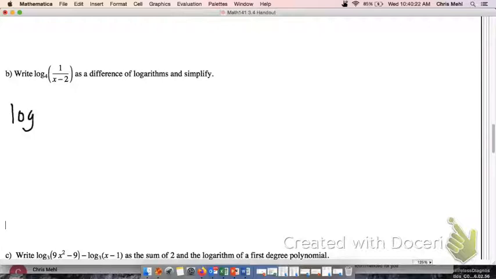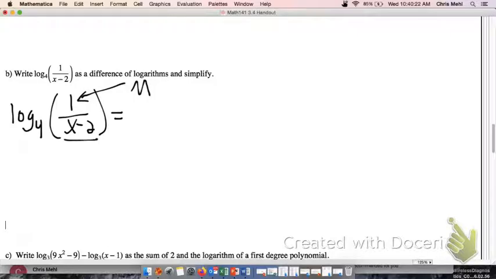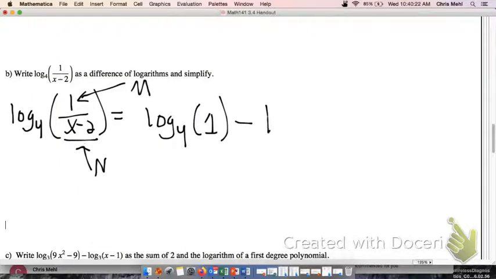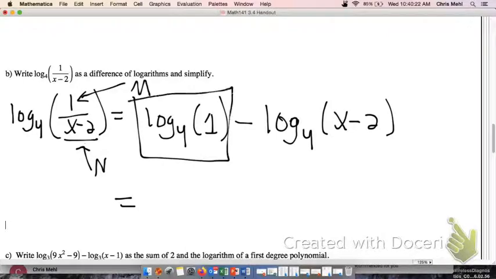So I will start, take my log base 4 of 1 over x minus 2, and my numerator is going to be my M, the denominator x minus 2 is going to be my capital N, so I can do log base 4 of the numerator, positive 1, minus log base 4 of the denominator, x minus 2, and this will now equal, so I can compute the first one.